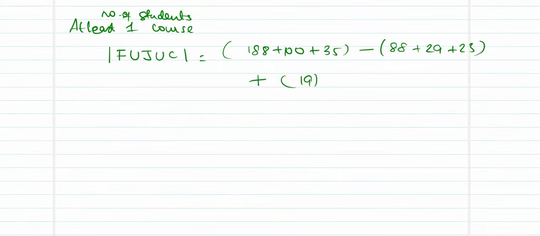Use your calculators and simplify, and the answer is 202. So at least one of the courses has been taken by 202 students.